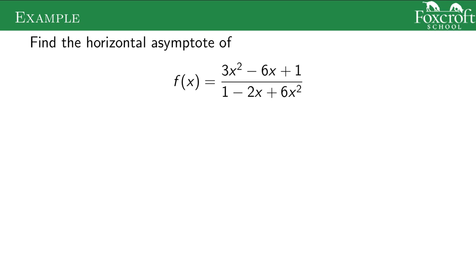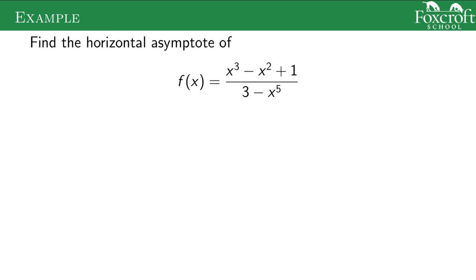You can go through these problems pretty quickly. Highest power on the top, highest power on the bottom. They're the same, they're both x squared. So my final answer is going to be 3 over 6, which is 1/2. You just look at the numbers in front of them and simplify.